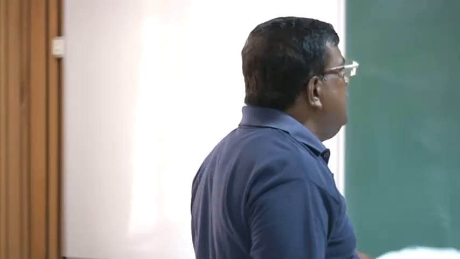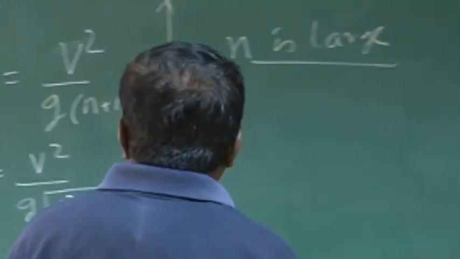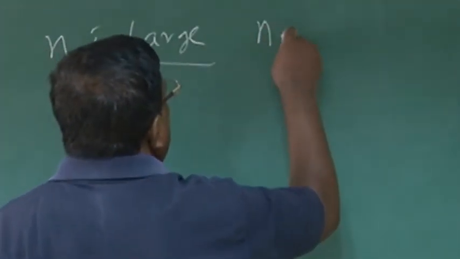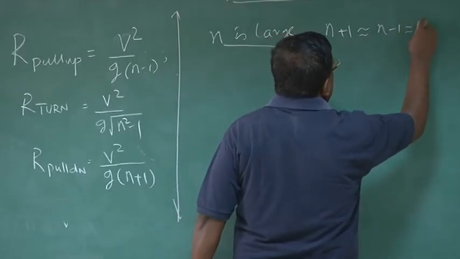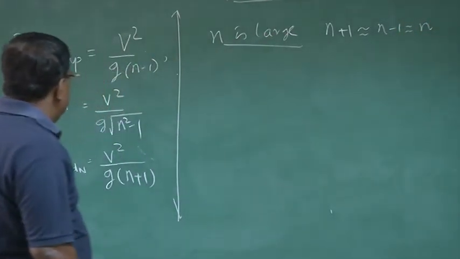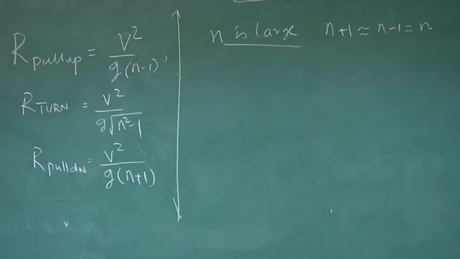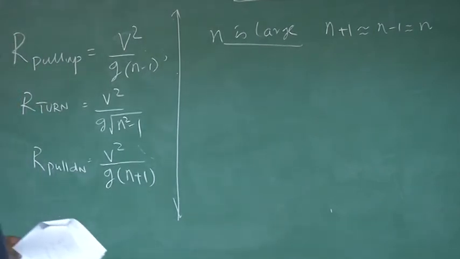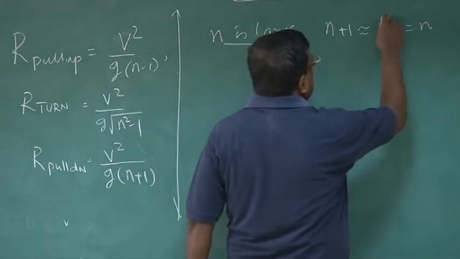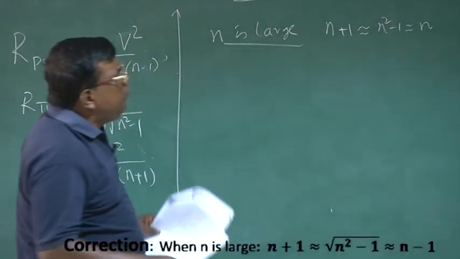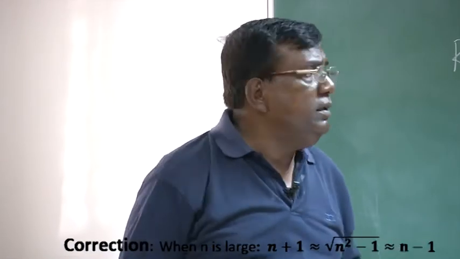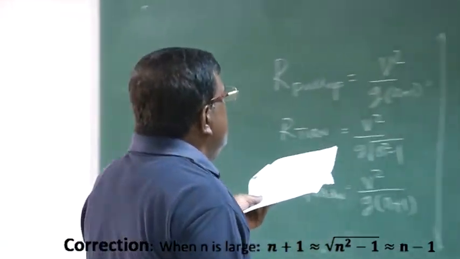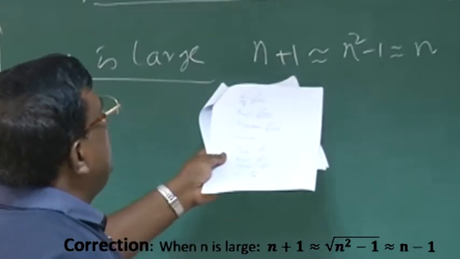Suppose n is large, and we do an approximation, n plus 1 approximately equal to n minus 1 equal to n. Or, to be more precise, I can write n square minus 1. So this is an approximation that n is large. For example, if n is 6, then 1 is neglected compared to 6.